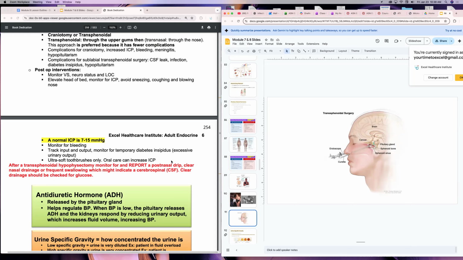So you want to report that to the healthcare provider immediately. If they have any clear drainage from their nose, do not wipe it away. Check that drainage for glucose because if it has glucose in it, that means that it is cerebrospinal fluid. Okay, so please make sure you study that.